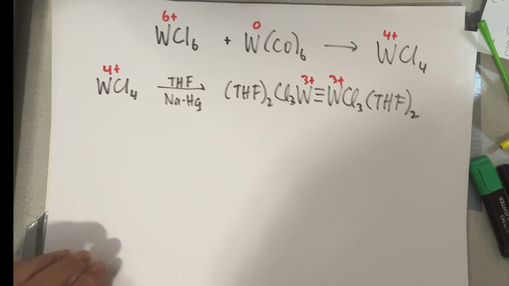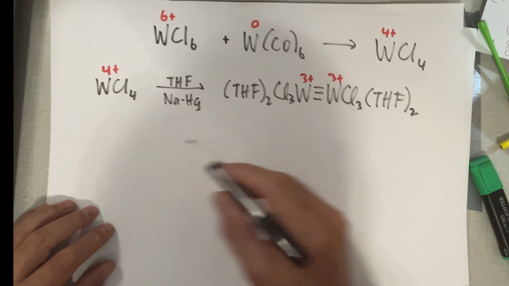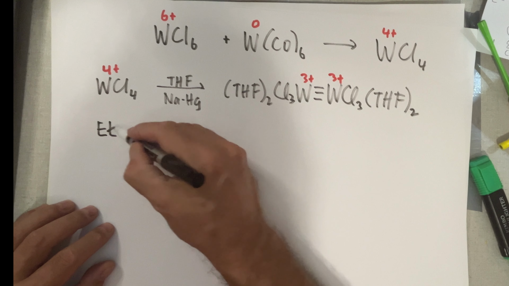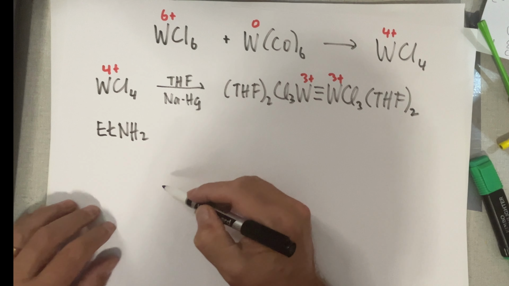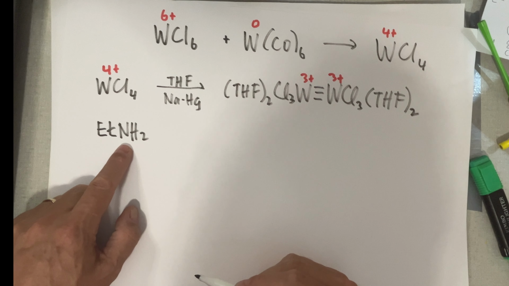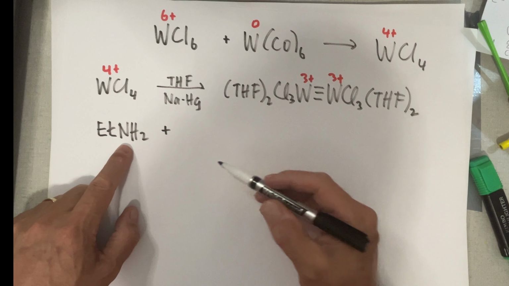The next step in the process was to treat this compound with ethylamine, and that is obviously the source of the nitrogen that we've talked about, and that was then simply treated with this compound.